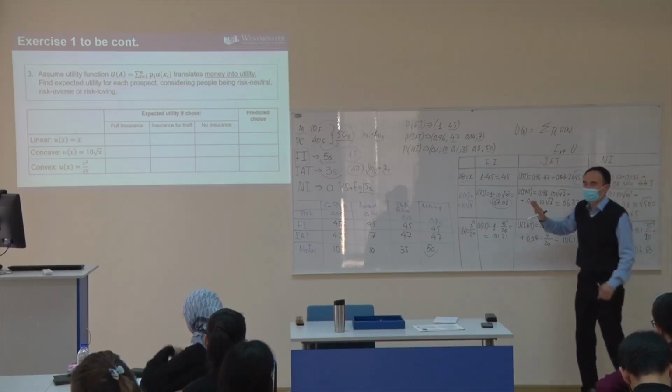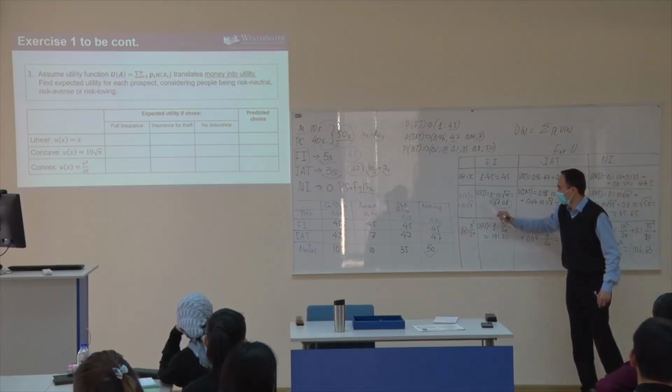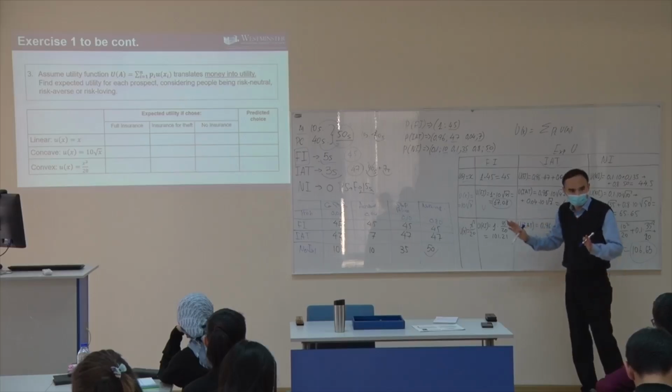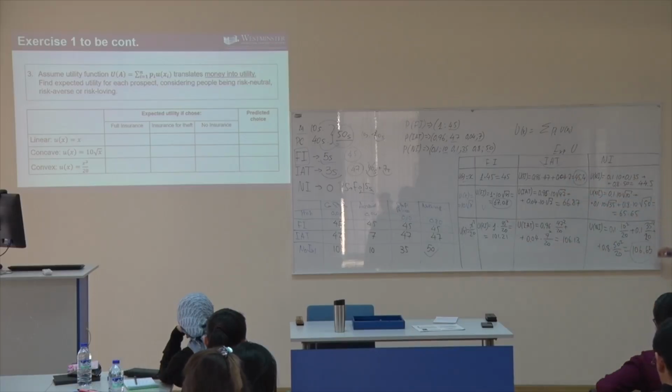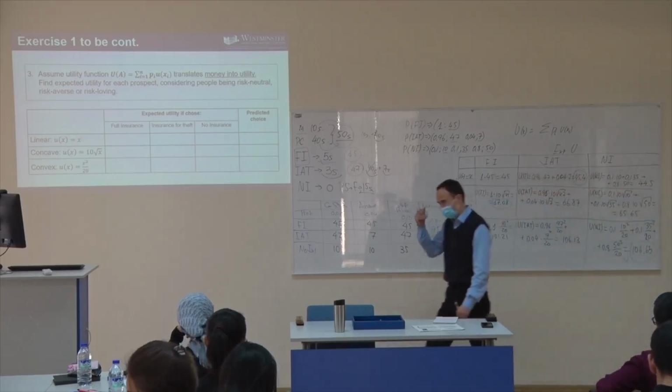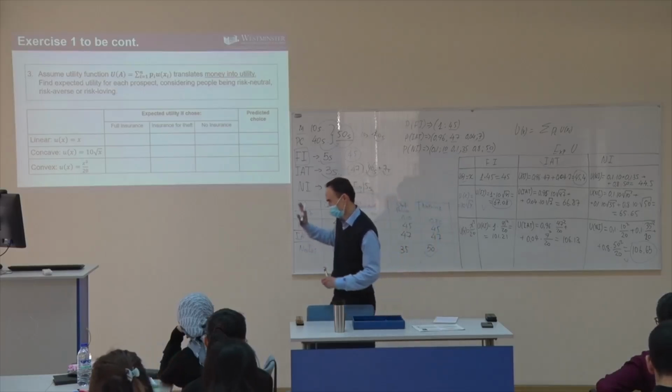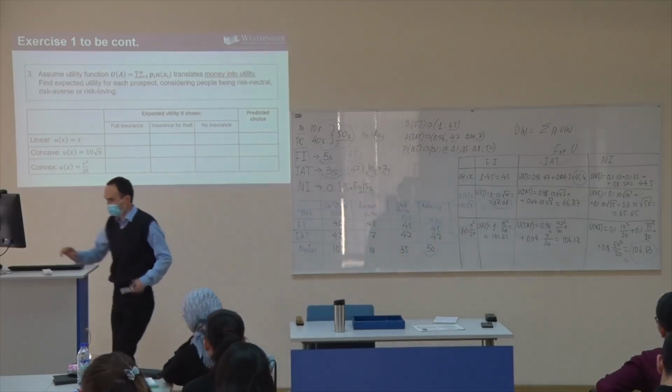Risk-averse people will choose the prospect with no risk, and risk-loving people will choose the no insurance case, where the risk is the highest. Okay, good. We are done with it.